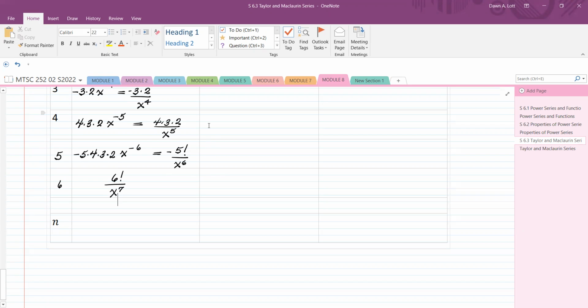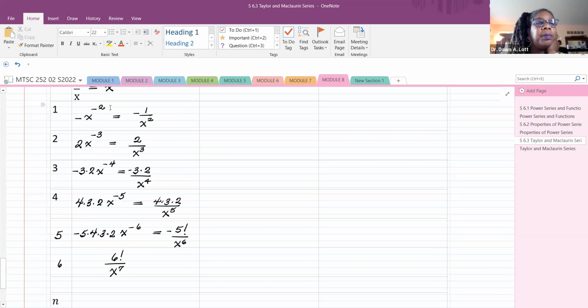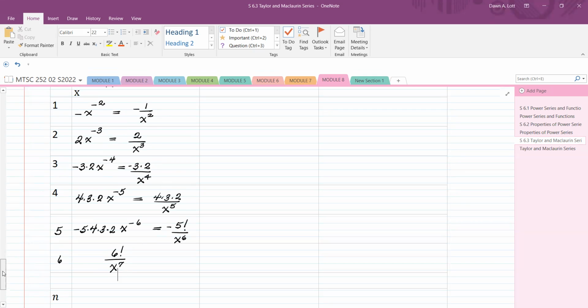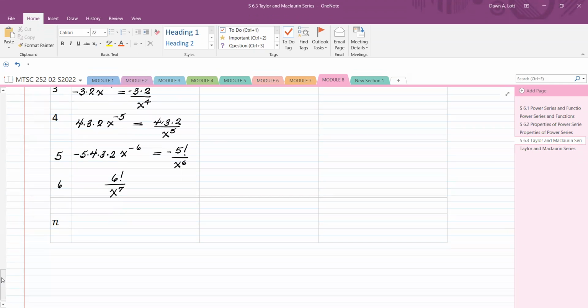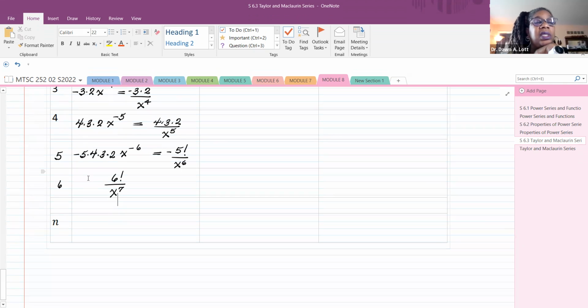We had negative, positive, negative, positive, negative, positive. Oh, it's going to be positive. Good. So we can see that all the even numbers are positive and all the odd numbers are negative. That screams to use a negative 1 to the n in the formula.